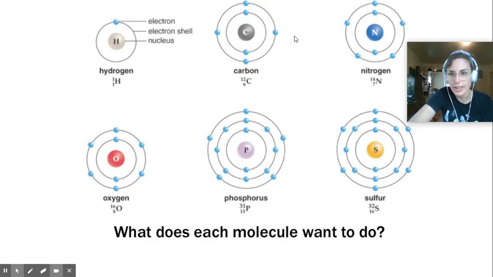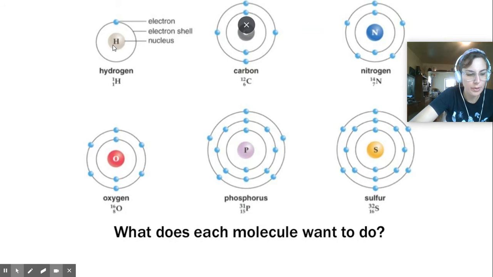Okay, so first we'll see hydrogen. Hydrogen has 1 electron in its valence shell, which means that it's highly reactive. It's probably going to react with another element to get stable. Same thing with carbon here. Carbon has 4 valence electrons in its outermost shell, and it wants 8.